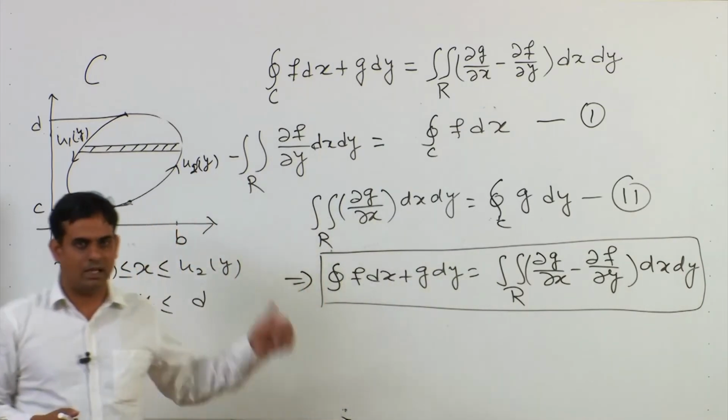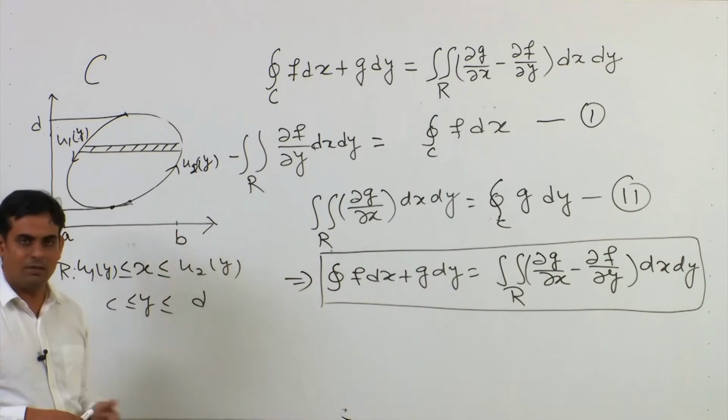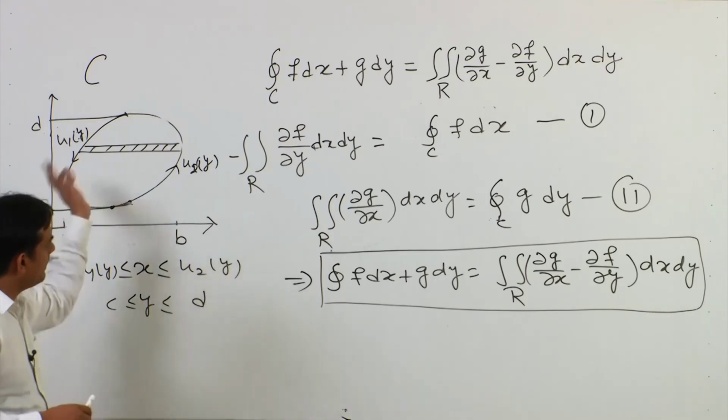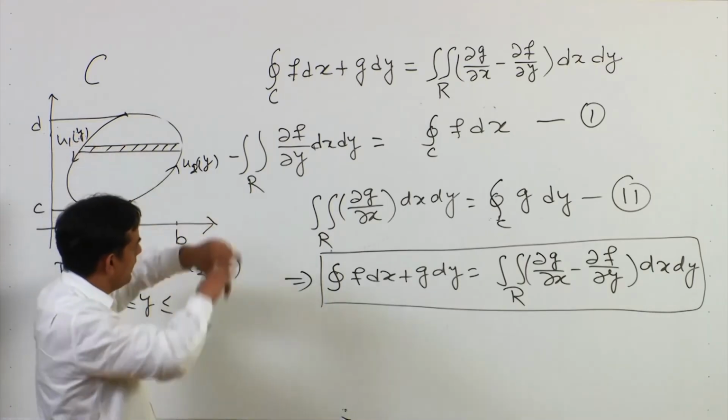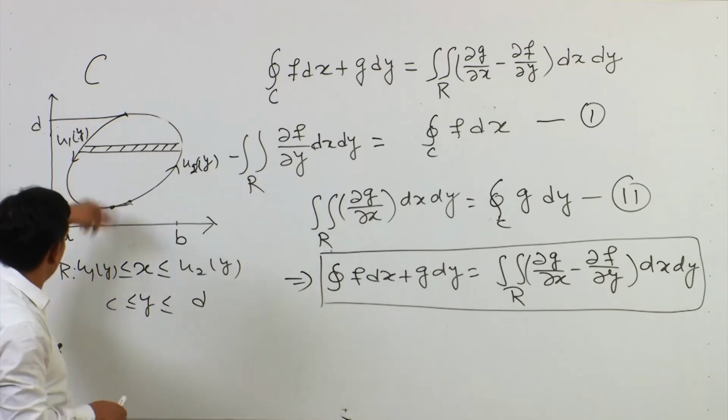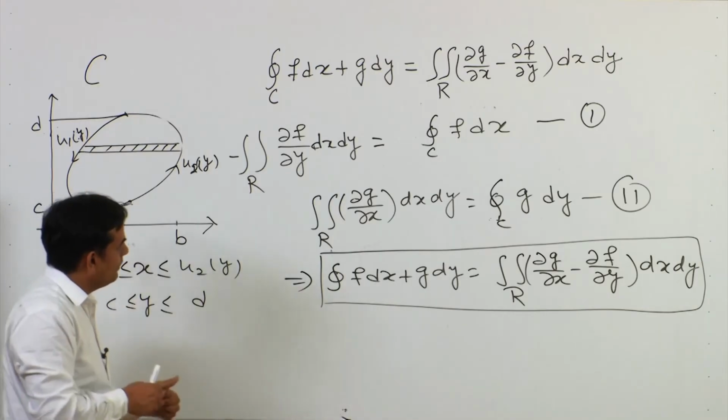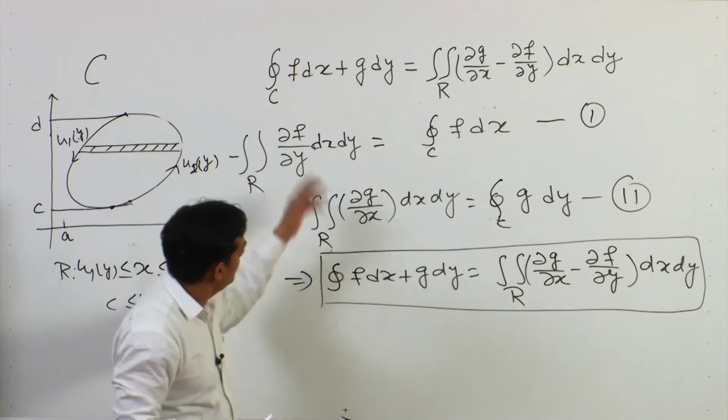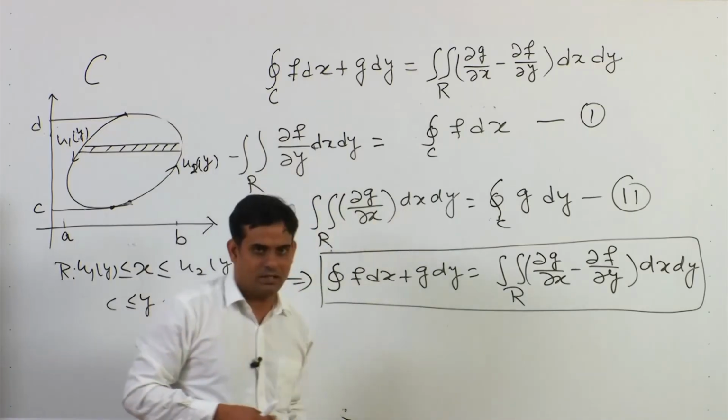So, in this way we can prove this theorem, which is quite simple, by considering a region and a closed curve bounding that region, taking the two different representations and just following this process.